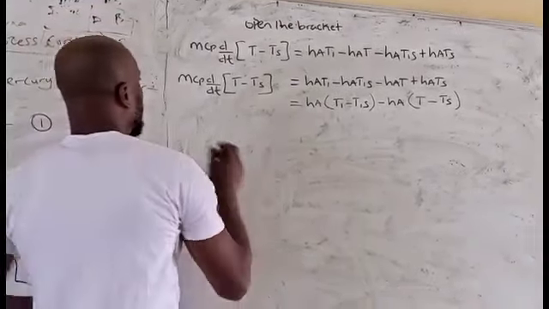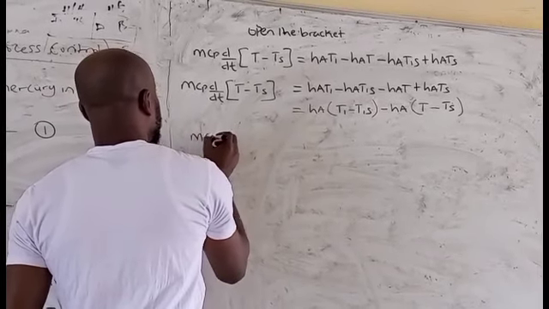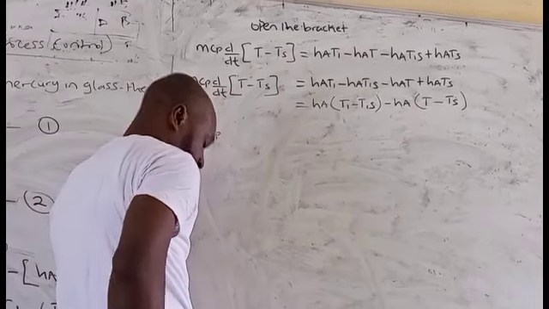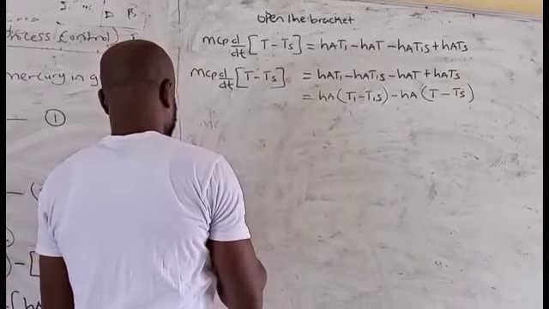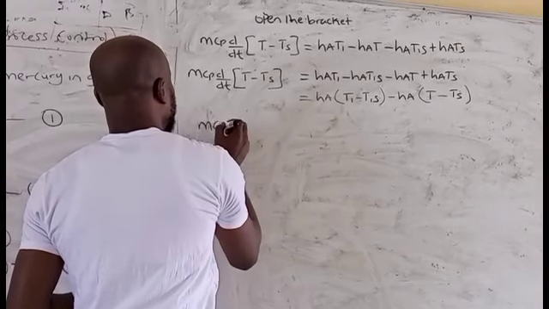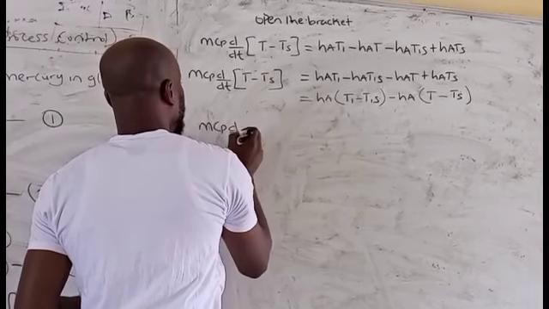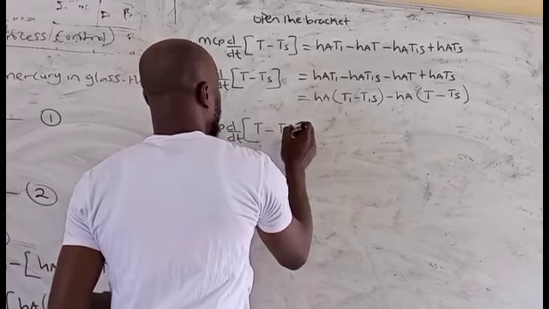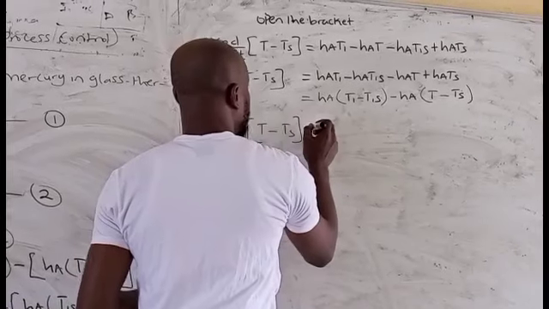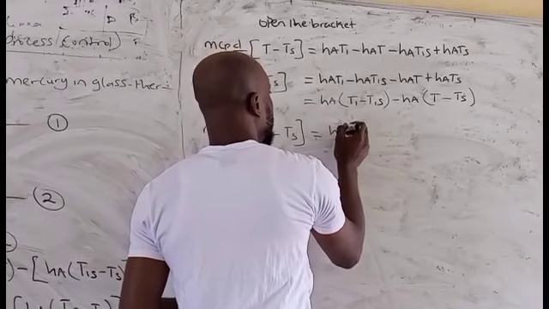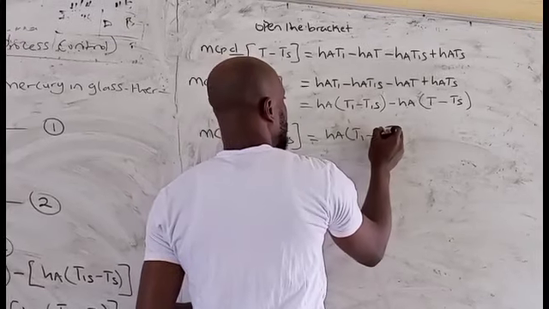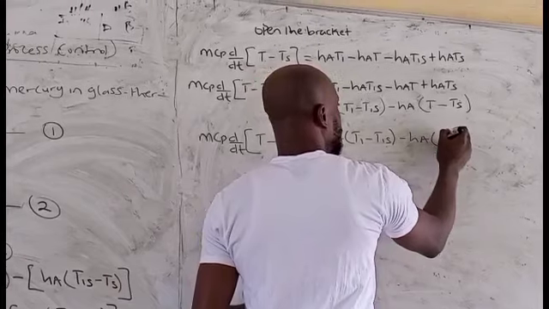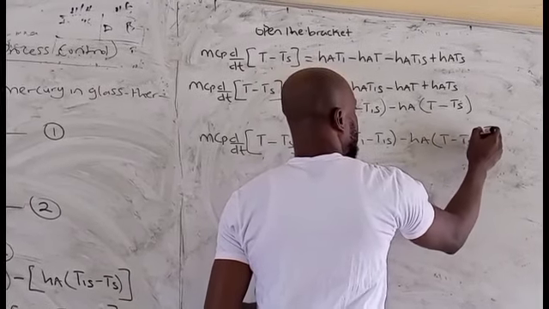So now you're going to have MCP d over dt into (T minus Ts) is equal to HA into (T1 minus T1s) minus HA into (T minus Ts).